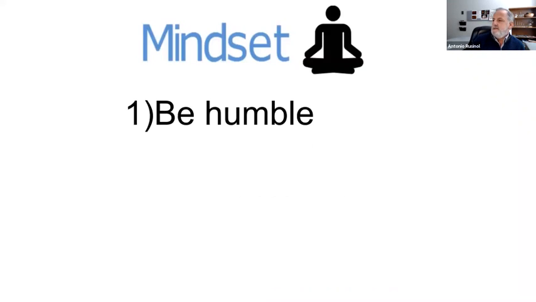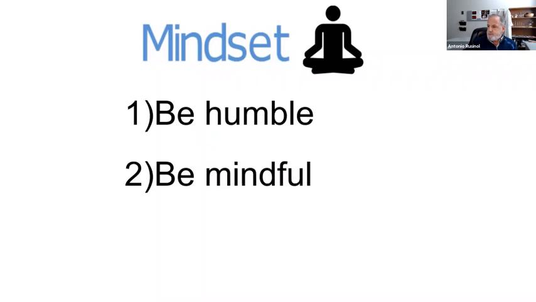And so mindset. Some of these things are very intuitive, and I don't have to go over them. But one thing is be humble. As Dr. Johnson said, we all have unconscious biases. And the people that say, no, I don't see color, all those things, those are most likely the ones that are going to turn out with higher unconscious bias scores. Be mindful.